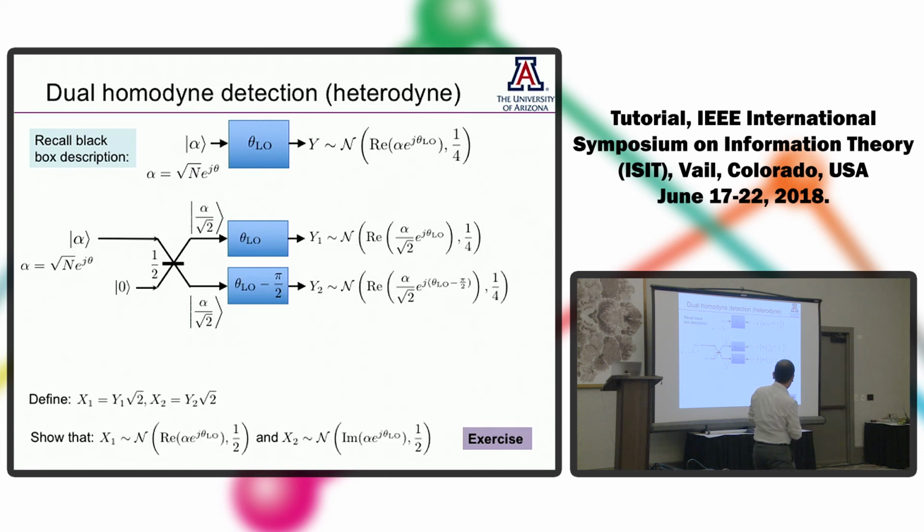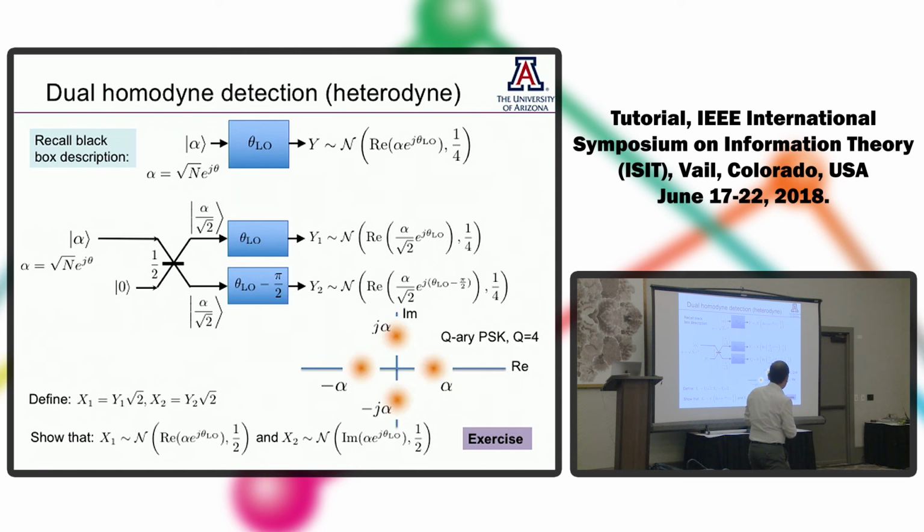Now if I rescale y1 and y2 by multiplying by square root of 2, what I see is that one of the outputs, x1, the scaled version of y1, has a mean equal to the real part of alpha e to the j theta LO with a variance of 1/2, and the other output has a mean of the imaginary component of alpha e to the j theta LO with a variance of 1/2. So this is a very simple exercise from here to here. It's just a scaling of means and variances.